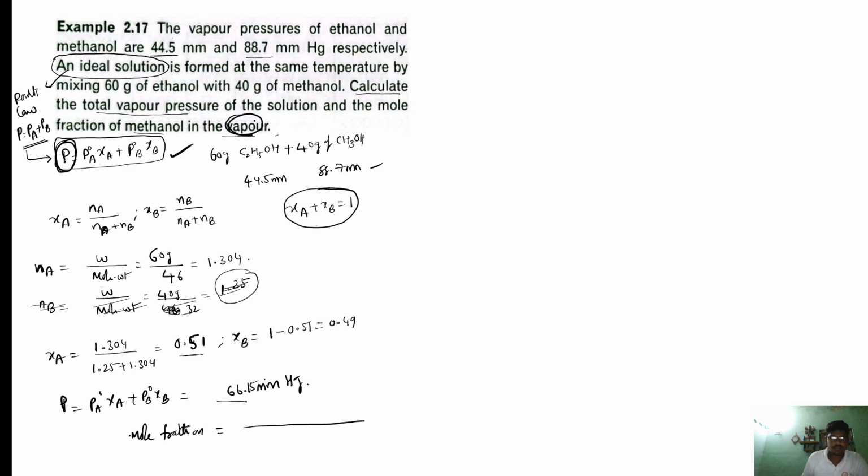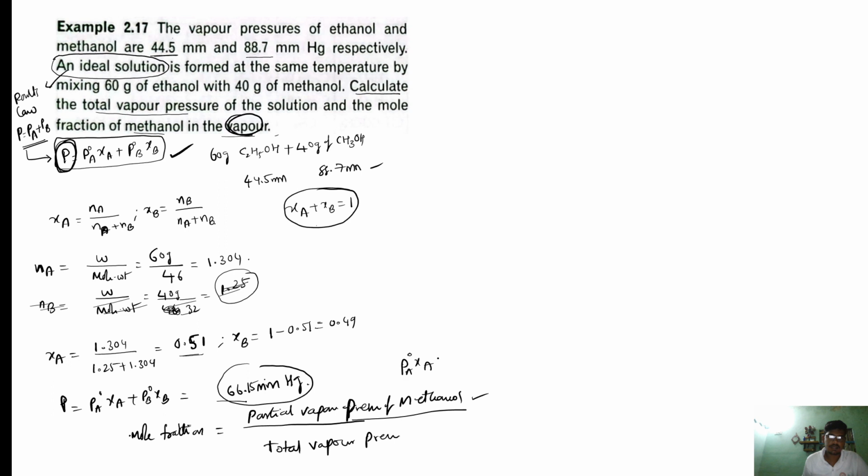So since they have used the term vapor, what we need to do is take the partial vapor pressure of methanol divided by the total vapor pressure. The total vapor pressure we have calculated, that is 66.15. And the partial vapor pressure of methanol we also know. How much is it? It is PA naught into XA. So PA naught we know, XA we know. If you calculate it, it will come around 22.69.